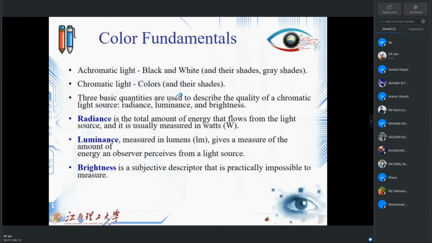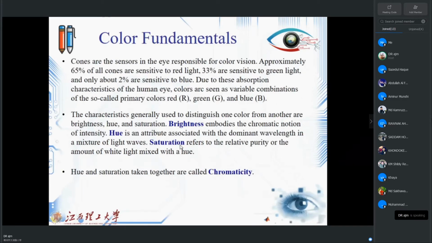Then chromatic light colors have their shades. As I told you, we have three basic quantities used to describe the quality of chromatic light, which we call radiance, luminance, and brightness. And we talked about these three before.